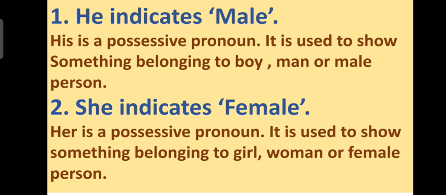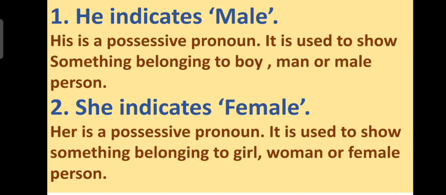We use he with male and his with the possession of male or man, boy. Okay. Example, he's a boy. This is his car. है ना. वह एक लड़का है. यह उसकी कार है.